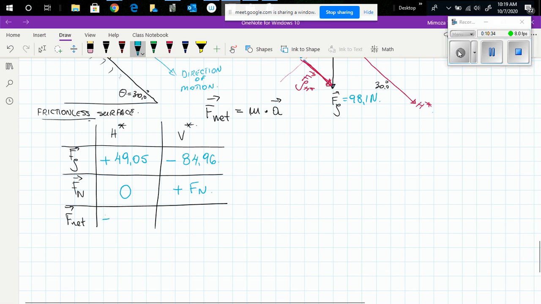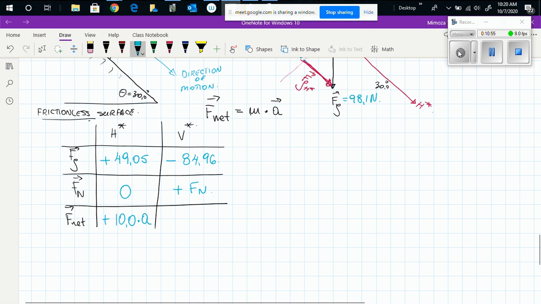So the force net in this direction will be 10 times acceleration. Along the new vertical axis, the object is not moving. It's always moving along the horizontal, not along the vertical.